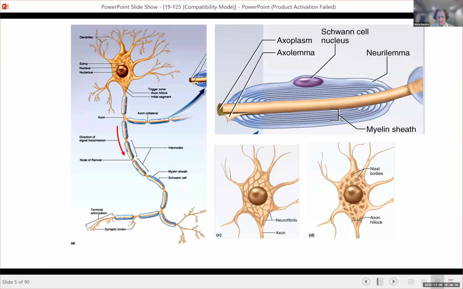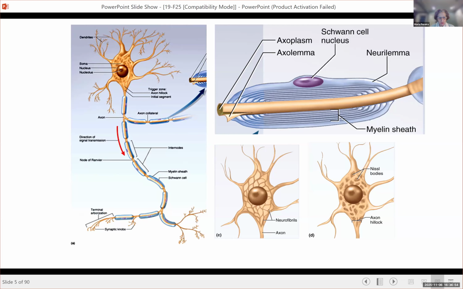And what happens is that this cell, first it approaches the axon and then envelops the axon and starts to go around and around and around the axon, pushing out all of the other components, the organelles of the cell go out to the outer layer, including the nucleus. So you have sometimes hundreds of these layers formed by one Schwann cell. And this is how the axon is insulated.